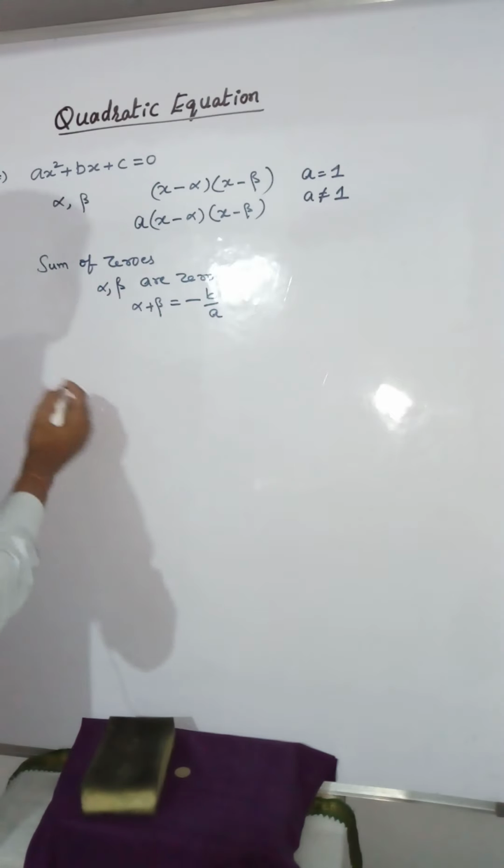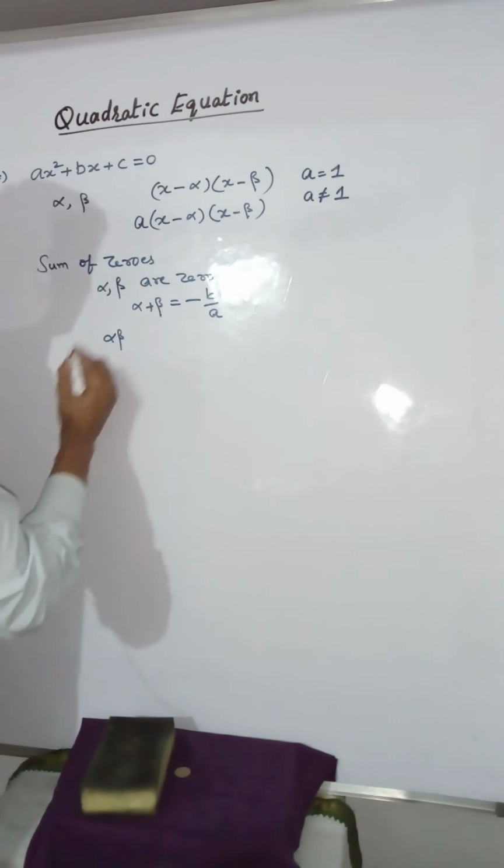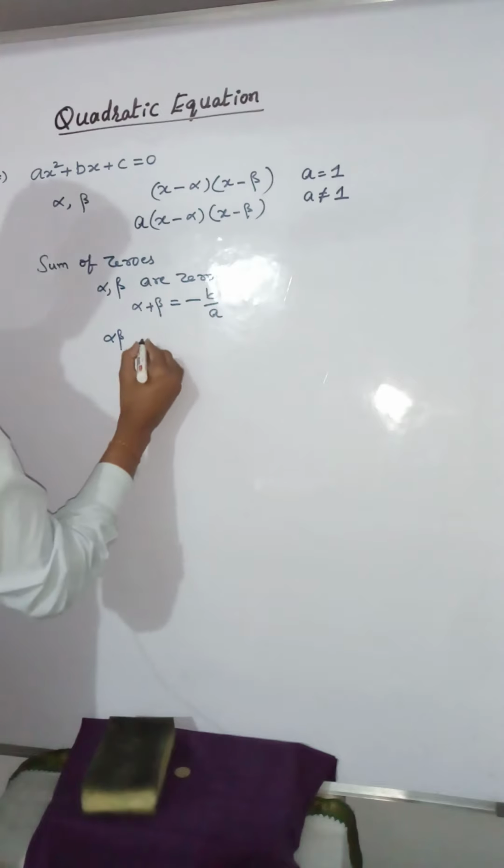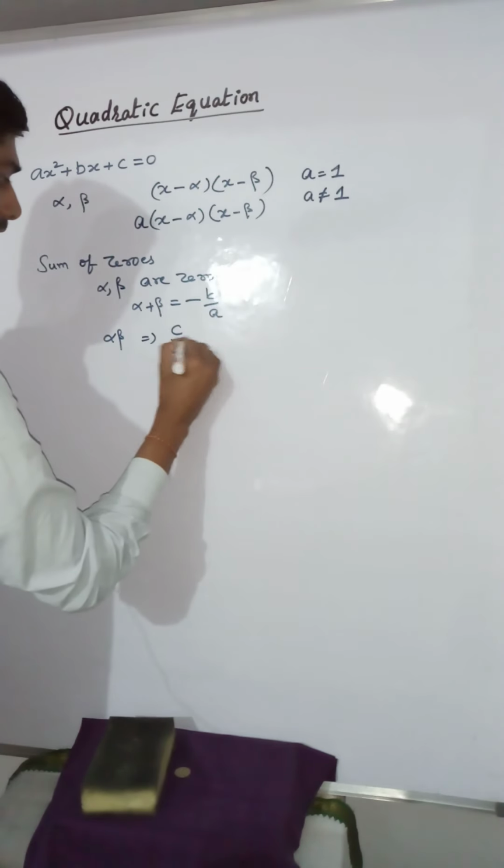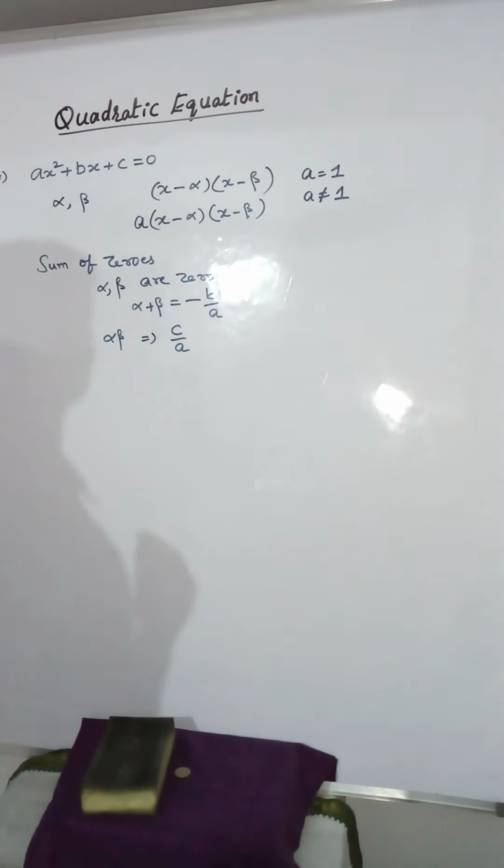The second concept is alpha into beta, which is equal to the constant by a, the x square coefficient. For the sum of the zeros and the product of the zeros, the denominator is the leading power coefficient.